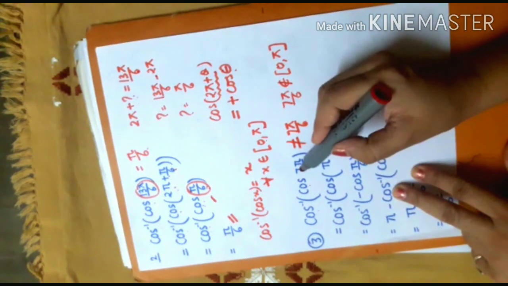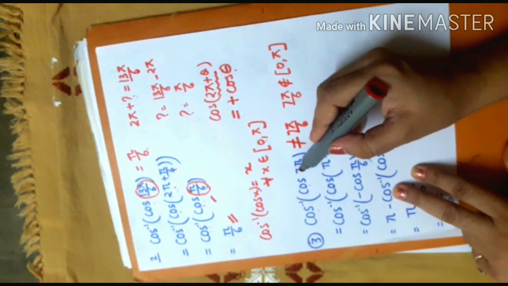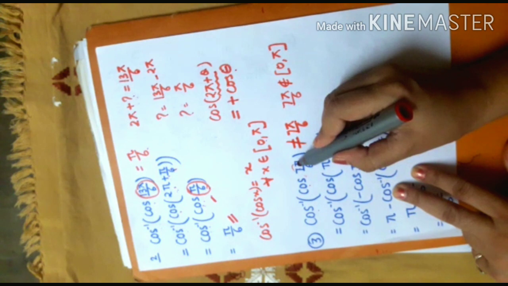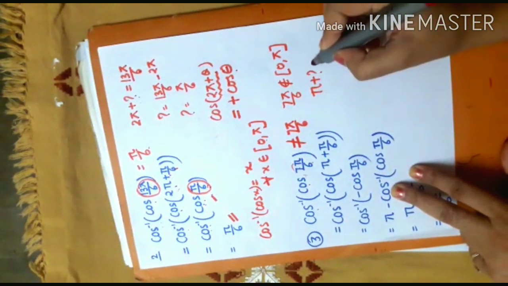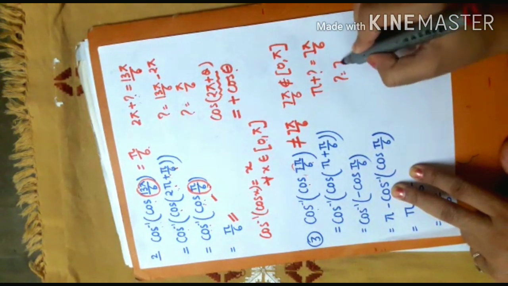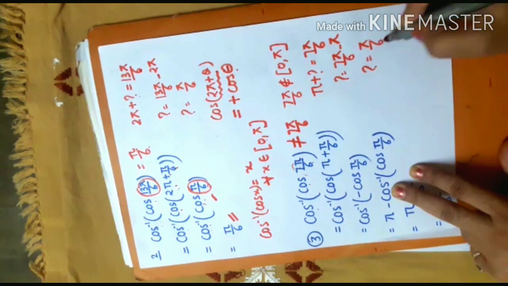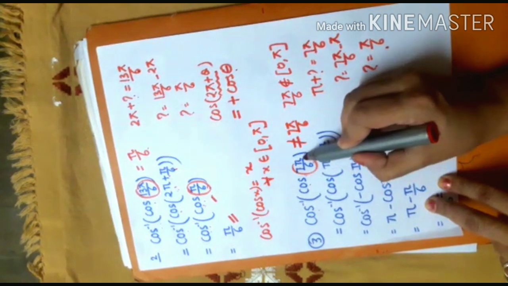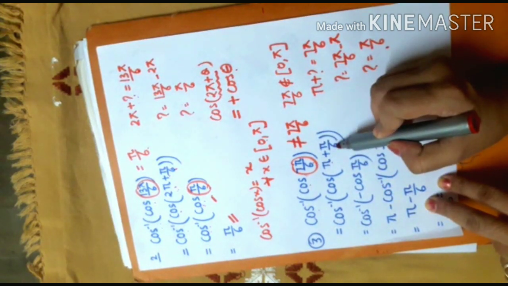Now look here, 7 by 6 will be 1 point something. So that means this angle 7 pi by 6 is greater than pi. That means pi plus something will give you 7 pi by 6. So that is 7 pi by 6 minus pi. So that something will be pi by 6. That means I can write 7 pi by 6 as pi plus pi by 6.